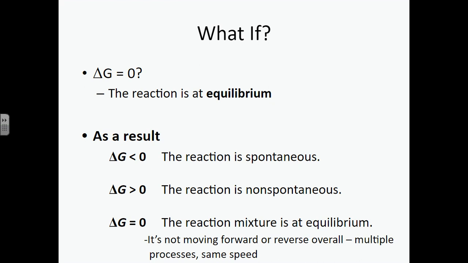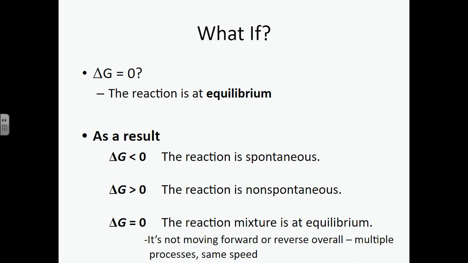So let's talk about delta G value as it relates to equilibrium. If delta G is 0, the reaction is at equilibrium. Now, if delta G is a negative number, it is spontaneous, therefore thermodynamically favorable. That means the reaction does proceed.